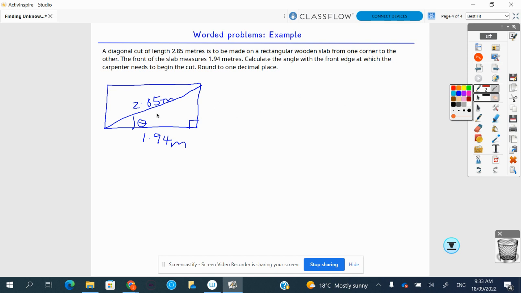We're going to approach it in the same way by labelling the sides first. So we've got the side opposite our angle, we've got the hypotenuse, and we have the adjacent. Since we have information about the adjacent and the hypotenuse, we're going to use cos theta, which is 1.94 over 2.85.